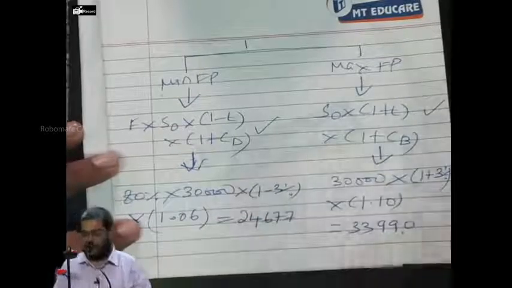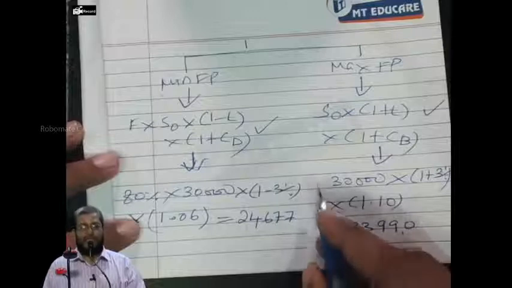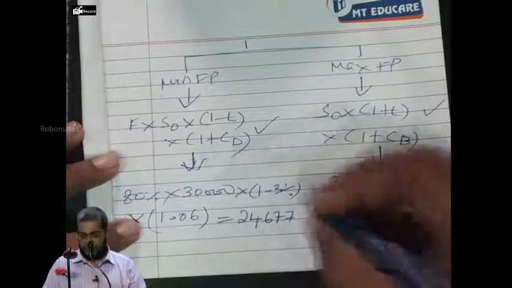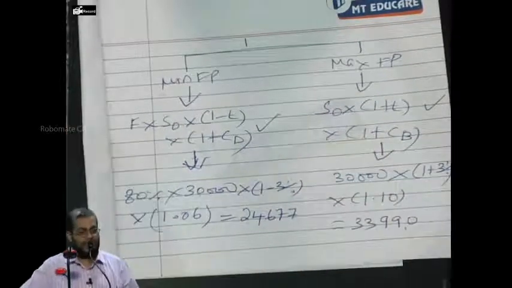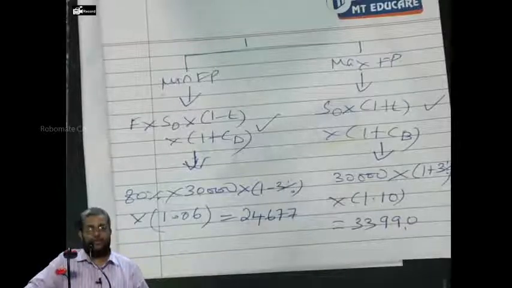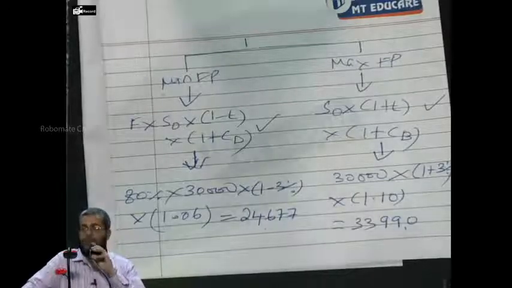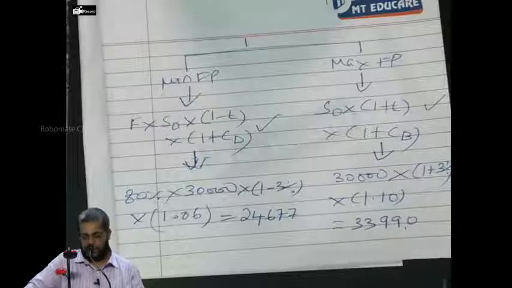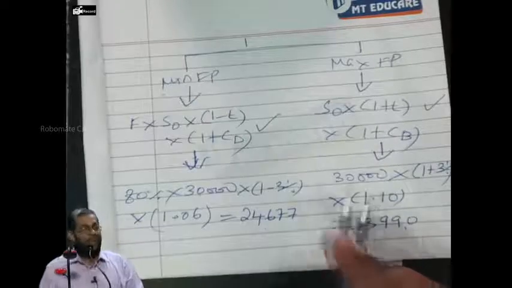That gives 24,677. Everybody understanding?